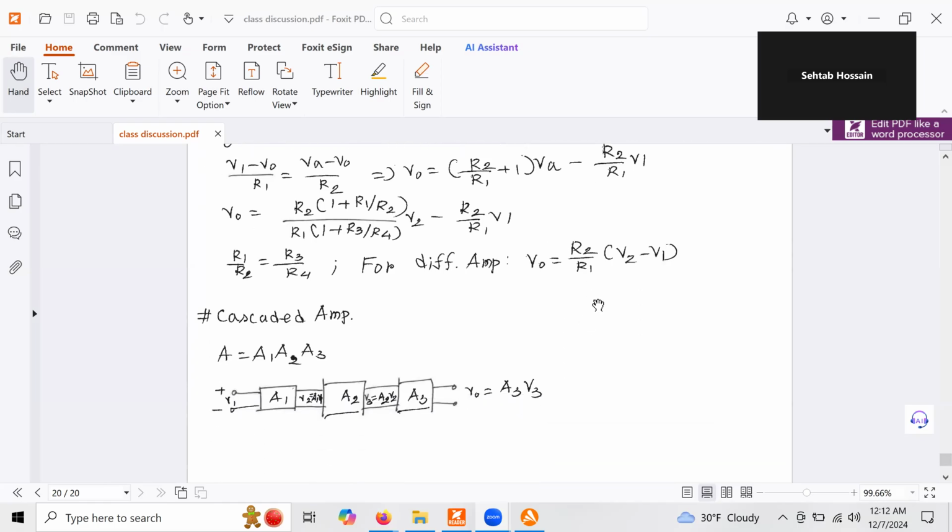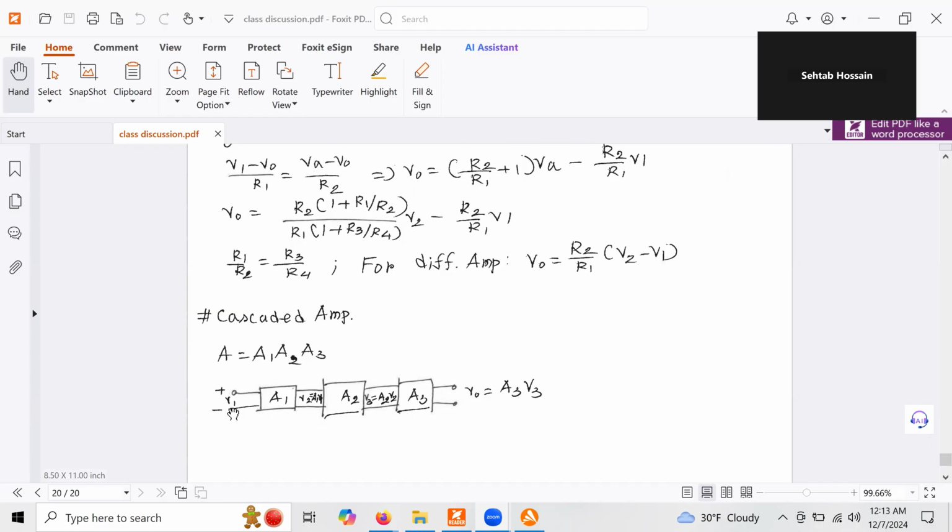One more important thing is the cascaded amplifier. If we want to amplify the signal in several stages, then we go for the cascaded amplifier. Multiple op-amps are connected in series. This one has A1 gain, this one has A2 gain, and this one has A3 gain.